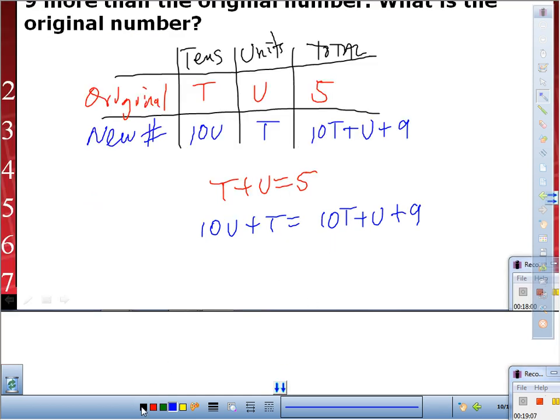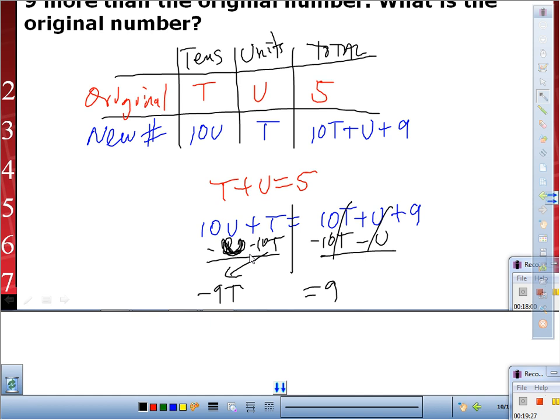I'm going to simplify the second equation. Minus 10T and minus U. We're left with 9 equals, and then I'm going to write the T first, so this is negative 9T. Then the U over here, that's 10 minus 1, that's 9U.